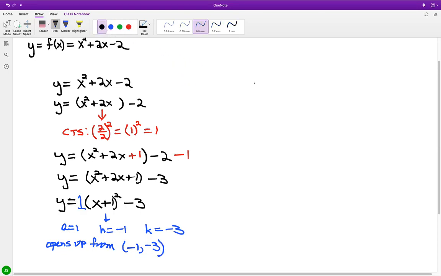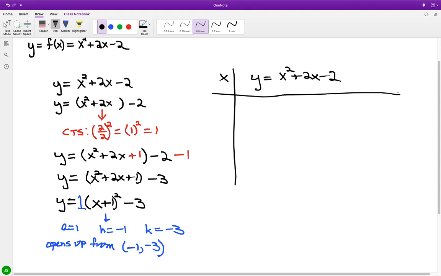And if I were to include additional points, so we have y is equal to x squared plus 2x minus 2. All right. So again, whenever x is negative 1, the k value is going to be the y.